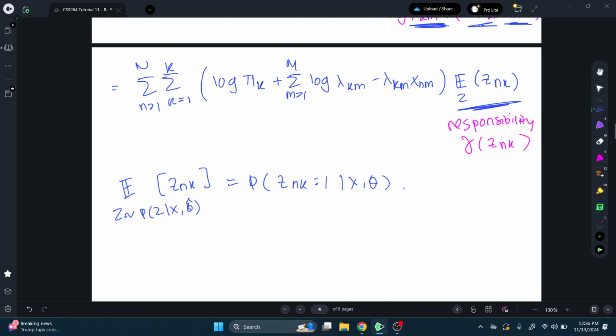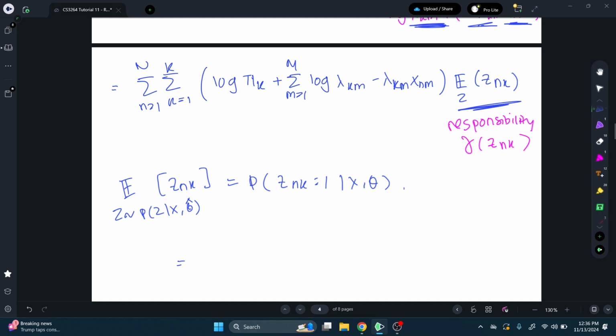Because z_nk can only take values 0 or 1. So the expectation is the probability that it is 1 times 1, plus the probability that it is 0 times 0. This second part is just 0, because it's multiplied by z_nk equals 0. So the expectation is just the probability that z_nk equals 1.